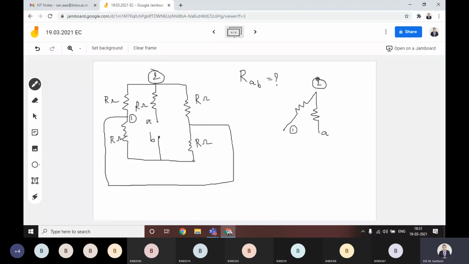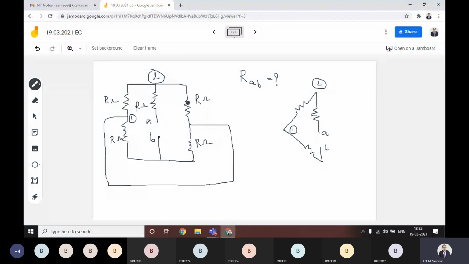Then there is a B point. Between B and 1 there is a resistor, right? Simply I am connecting B and 1 resistor like this. That means these 3 are over. Now we have to connect this.